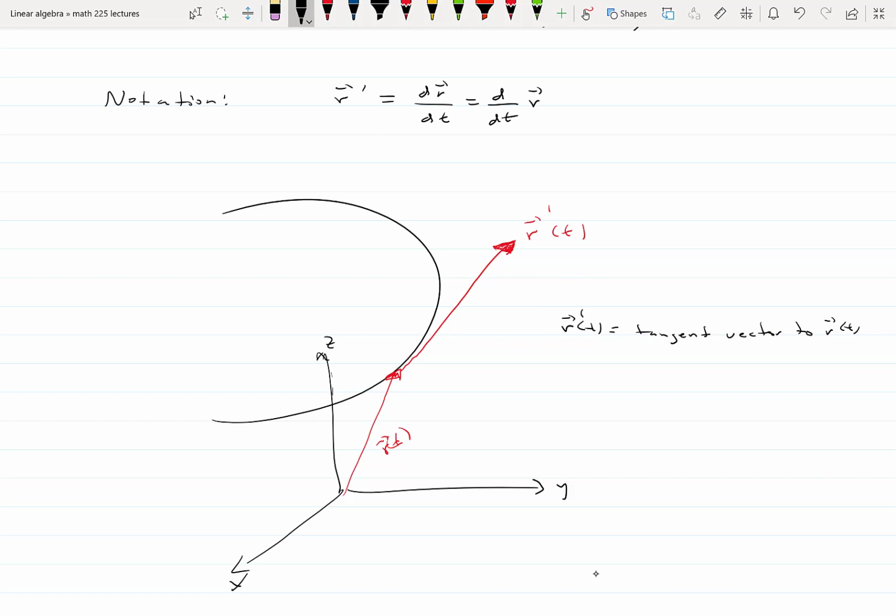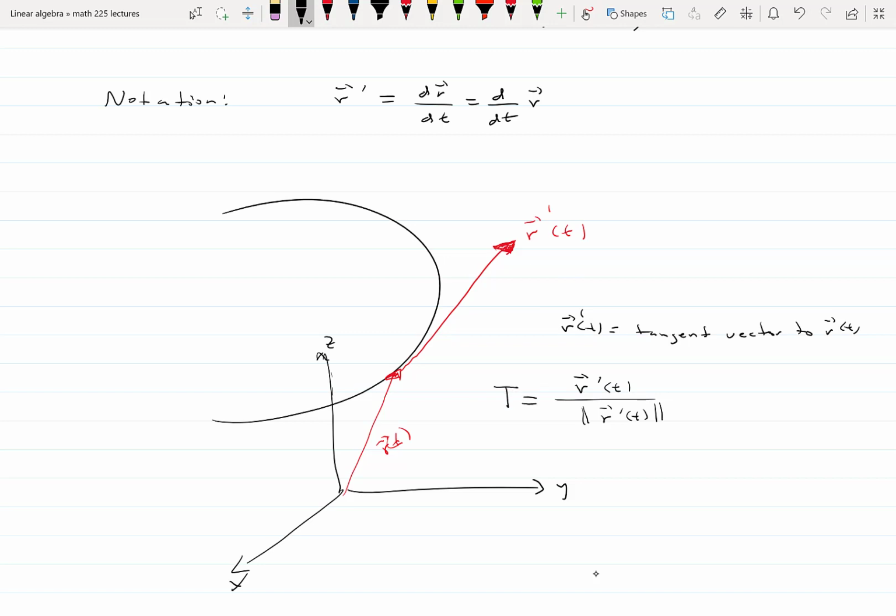If I take r prime of t, and divide by its own length, assuming that the length of r prime of t is not 0, then I get a new vector, and that vector is going to be of length 1.